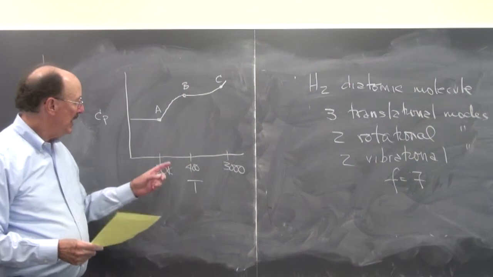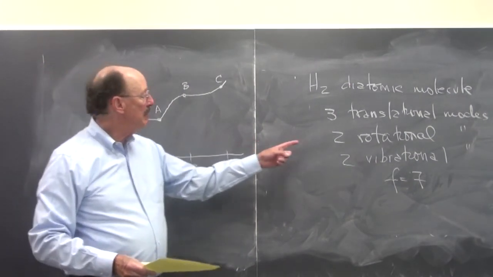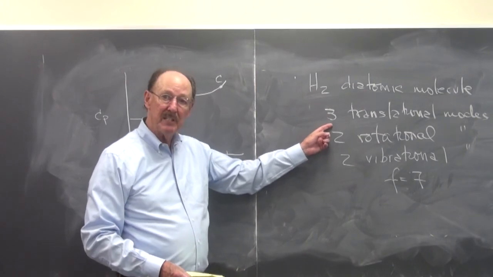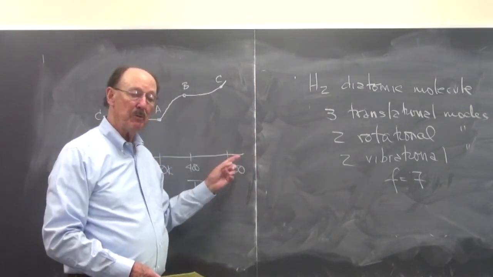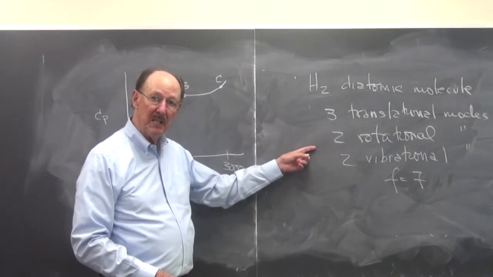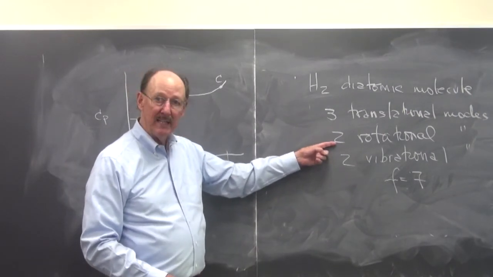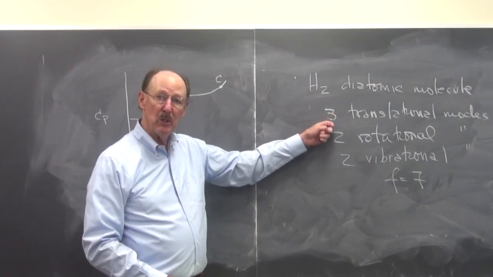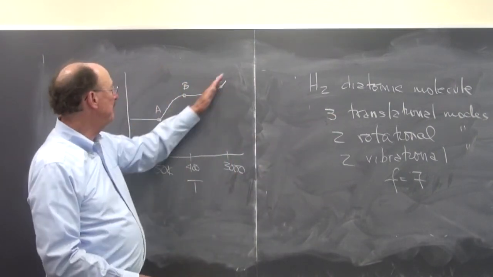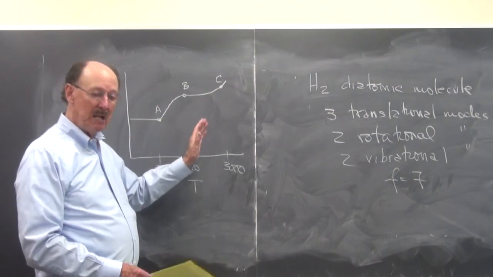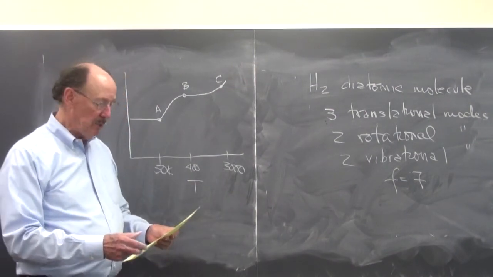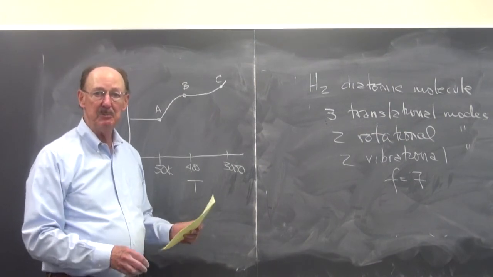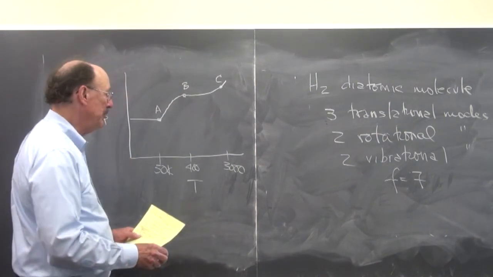And what happens is at different temperatures, different modes kick in. So in the beginning, I'll only have translational modes. Then as the temperature increases, I have translational plus rotational. Energy making it rotate doesn't correspond to an increase in temperature. Only the translational modes increase temperature. So we have this variation over the temperature range. And what we typically do in engineering problems is we pick an average value of C sub P over the temperature range that we're using.